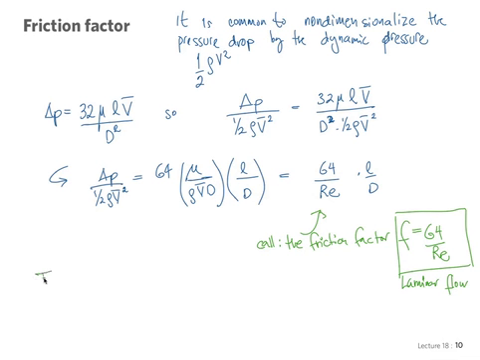So we have, in that case, as a function of this F, delta P is equal to F times L over D, times rho v squared over 2. This is our dynamic pressure. That holds true when the Reynolds number is small compared to 2000, yeah. So it has to be smaller than that. If it goes over, that relationship isn't true. Exactly. It is not true anymore. Only for laminar flow.